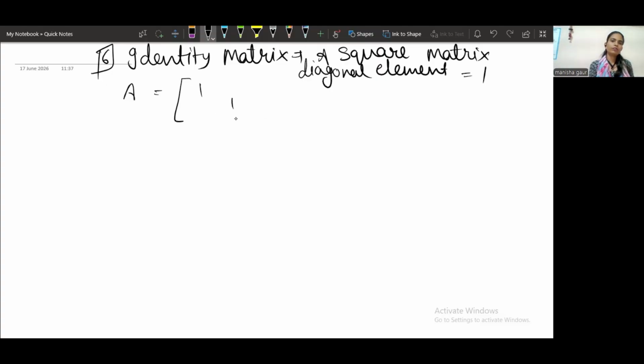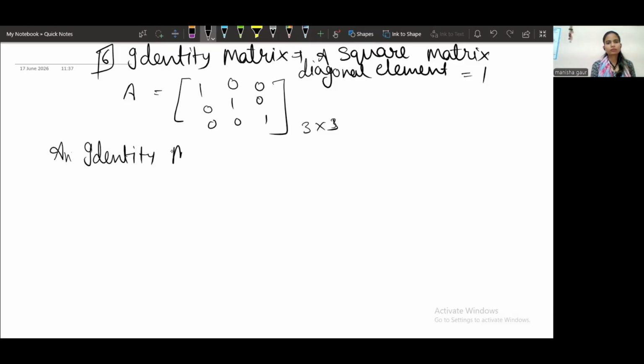So 1, 1, 1, 0, 0, 0, 0, 0, 0. This is our identity matrix. The diagonal elements would be 1. You can say that an identity matrix is always a scalar matrix.